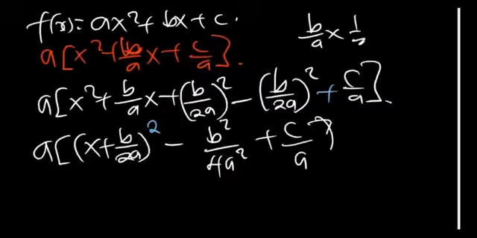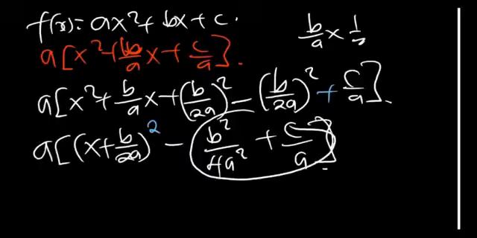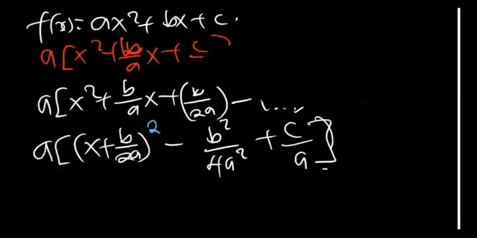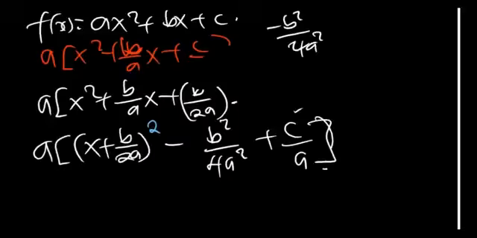So I have this. Now from here, what I need to do is make this as one thing. What I mean is I can get rid of this on top here. I can say that I have negative b squared over 4a squared plus c over a.